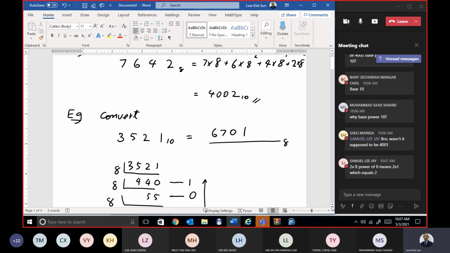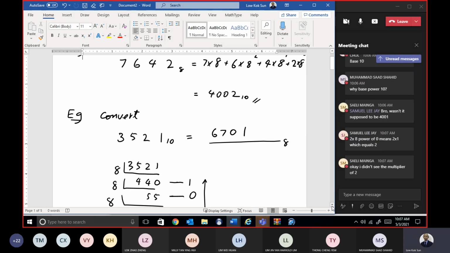So let us go on. I think you know how to convert 10 into whatever system. For 2 you divide by 2, for 4 you divide by 4, for 5 you divide by 5, and so on. But there's a need for us to go into the next one, system 16.